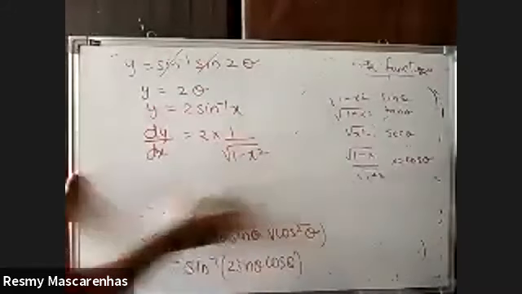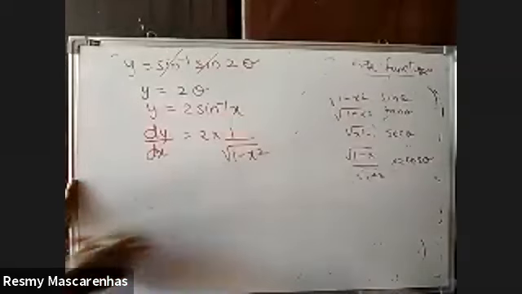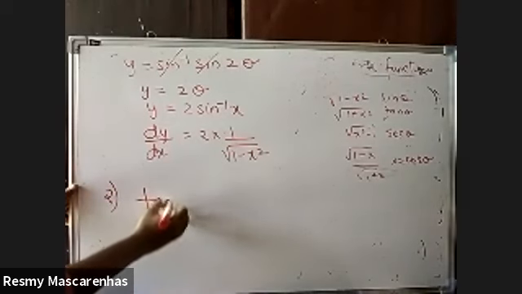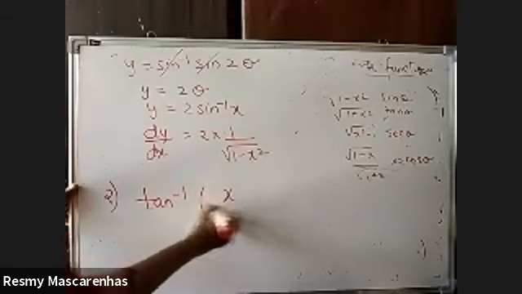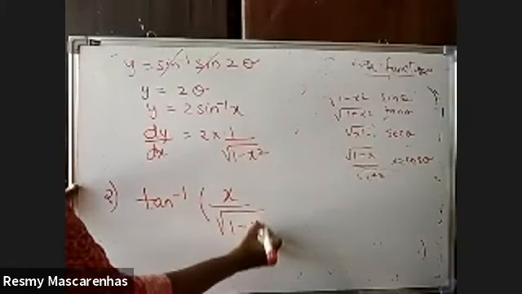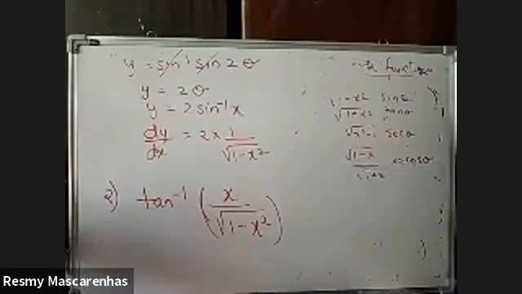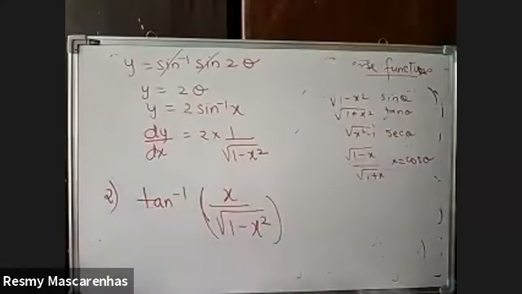You can try the second one: tan inverse of x upon root of 1 minus x square. It is the same as the first one. It is in the form of 1 minus x square.